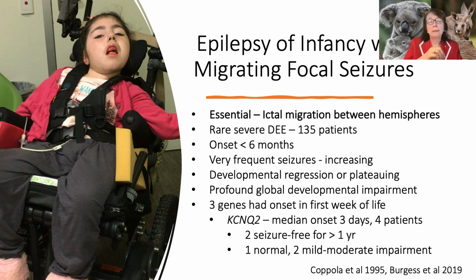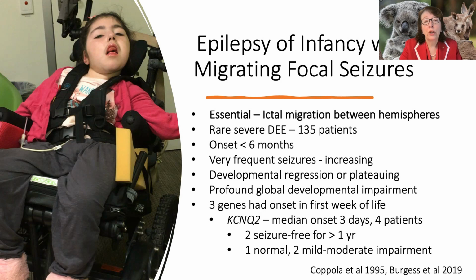And these babies usually have a crescendo pattern where seizures get more and more frequent, such that they're occurring eventually basically all the time, and they typically end up in the intensive care unit. Their development may be abnormal beforehand or normal, but usually would be abnormal, and they lose their skills, and they typically end up with profound developmental impairment.